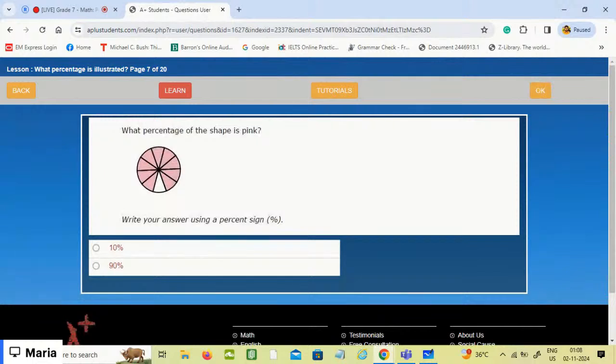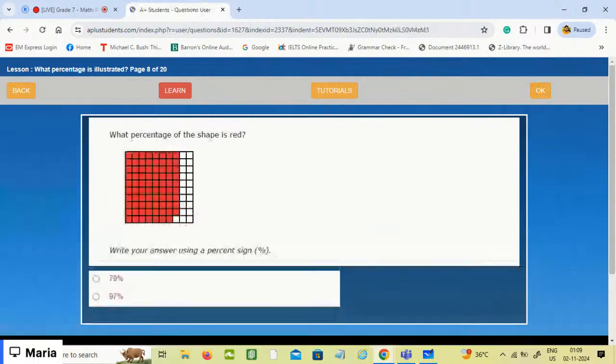What percentage of the shape is pink? Which is the correct option? 90% it is. Option number 2 is the correct option. What percentage of the shape is red? Which is the correct option?